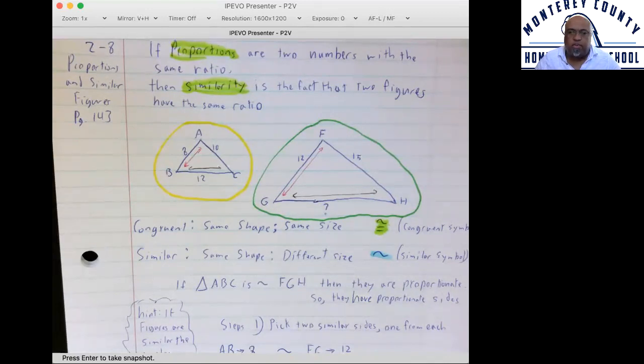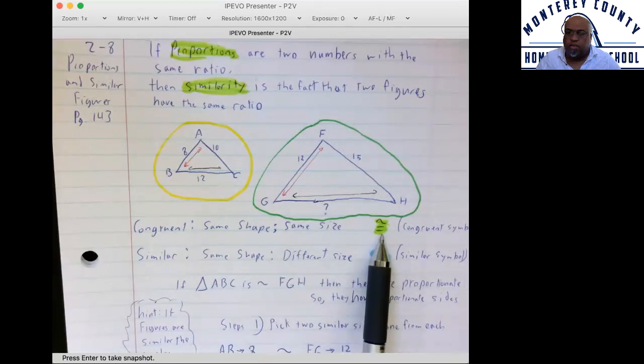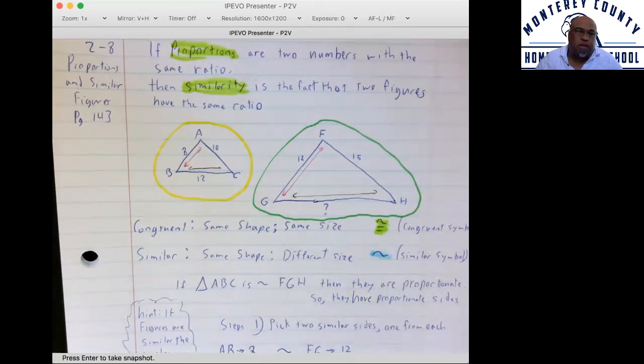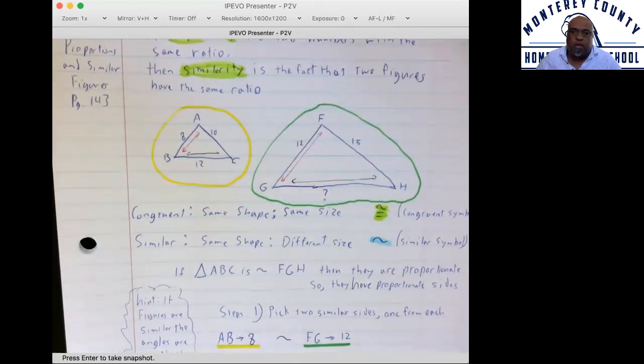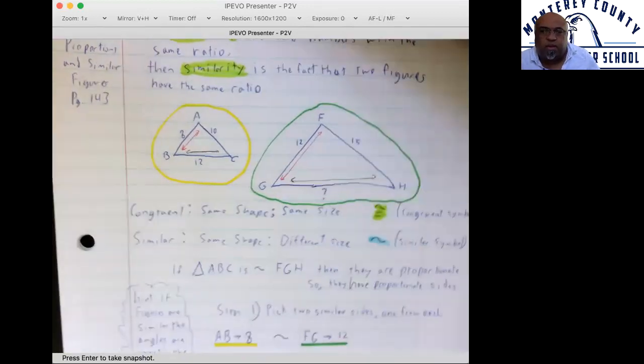I've also put a definition for congruent, which means same shape and same size. The congruent symbol looks like the accent mark over an equal sign. That means you have two things that are exactly alike. If I had two triangles that are congruent, they're the exact same shape and the exact same size.